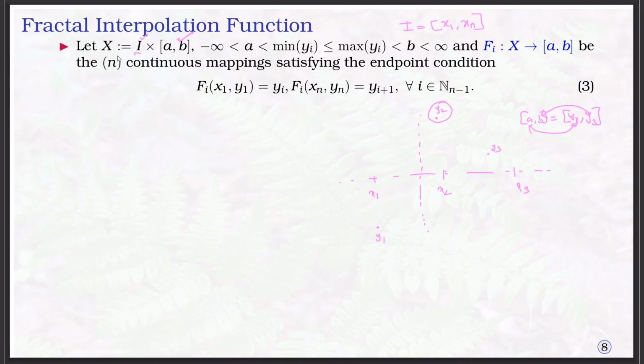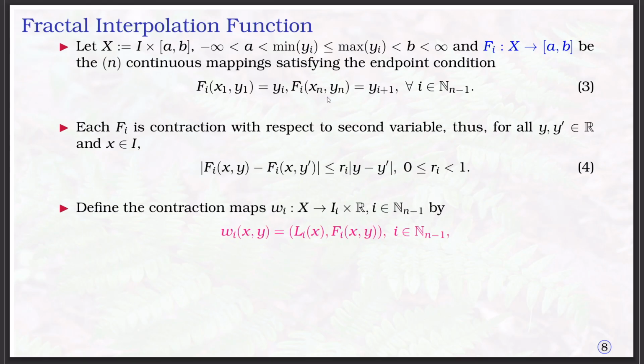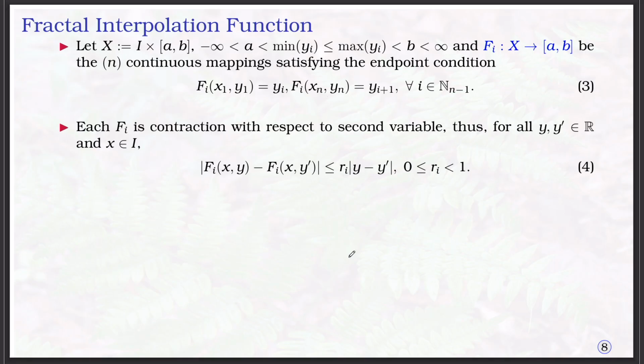We can use the Euclidean distance here, then one can easily understand that X is a complete metric space with respect to the Euclidean metric. Now, define Fi from X to the closed interval [a, b] such that Fi is a continuous mapping satisfying the following endpoint condition. Also, F is a contraction with respect to the second variable.